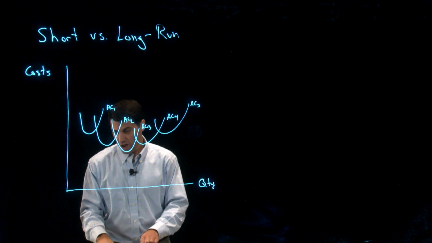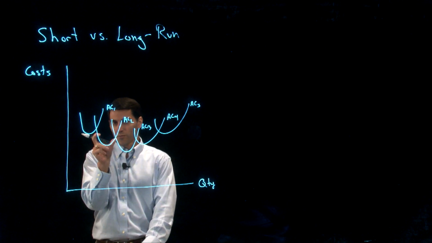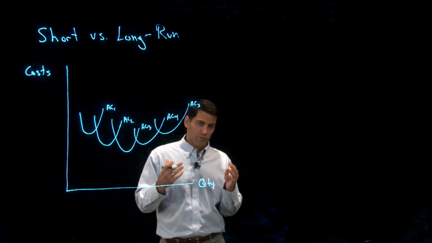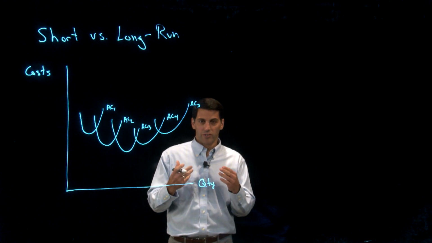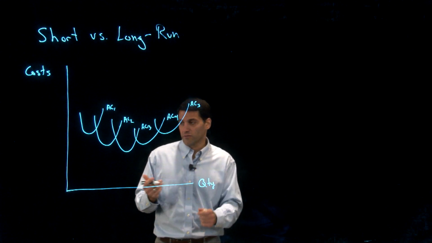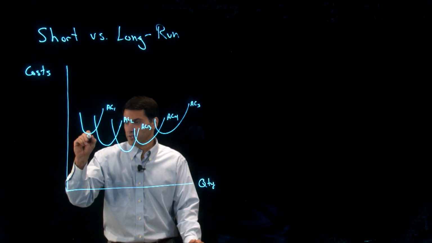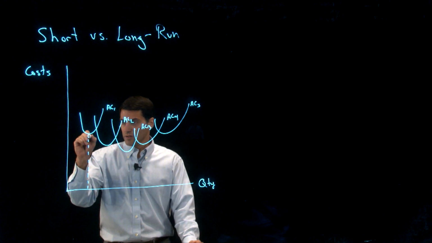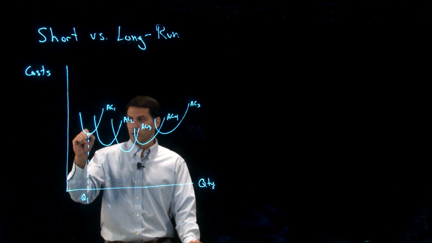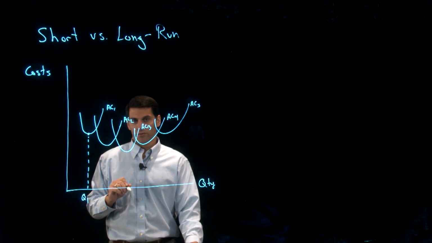For average cost 1, that refers to the smallest plant size, so the smallest size of what in the short run is the fixed factor, the number of pizza ovens. This is our smallest scale here. This is the quantity, label that Q1, where that short run average cost curve hits its minimum.